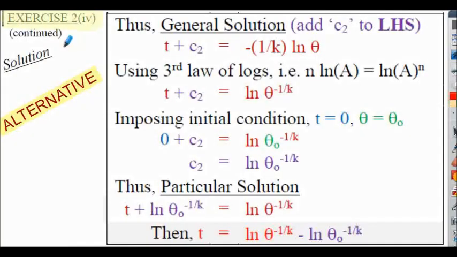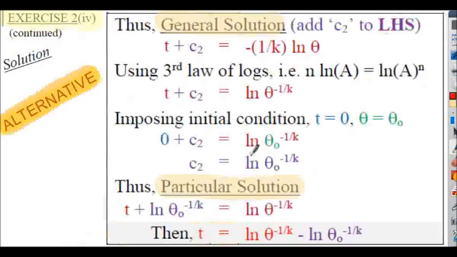Exercise 2, part 4, alternative solution continued here. But if we show the development from the general solution through to the particular solution, although the constant of integration has a different sign, the final solution for t will be identical.